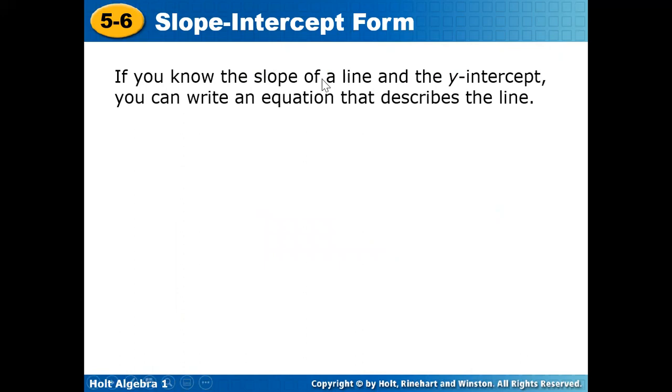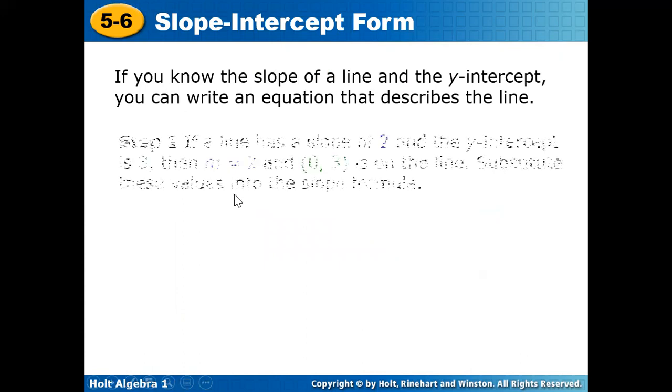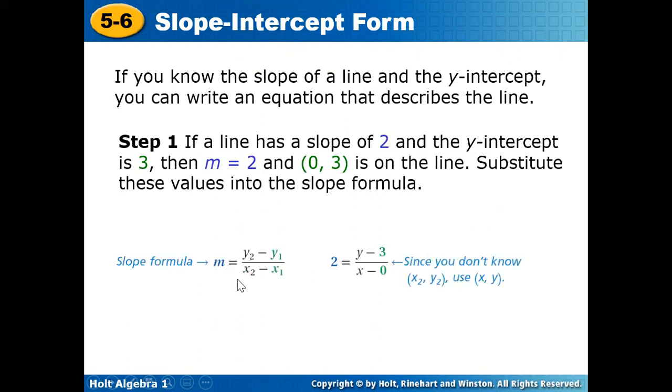If you know the slope of a line and the y-intercept, you can also write an equation. Y = mx + b, right? Slope of 2, y-intercept is 3, m, which is your slope. This is the slope formula, right?